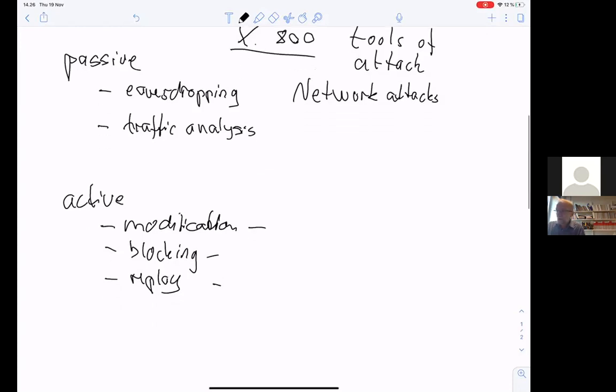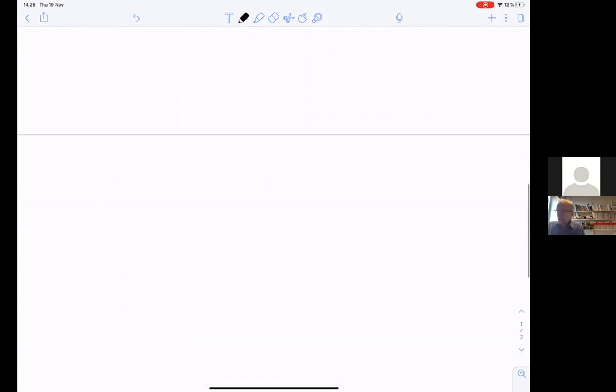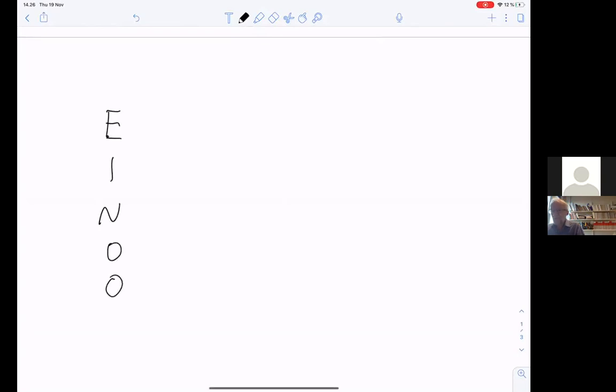Then we have a couple of other classifications. There was one which has a kind of silly acronym, but I'm told that the sillier an acronym is, the easier it is to remember. So we have the I know classification, and that's supposed to enable us to talk about who attacks us and, so to speak, where they do it.